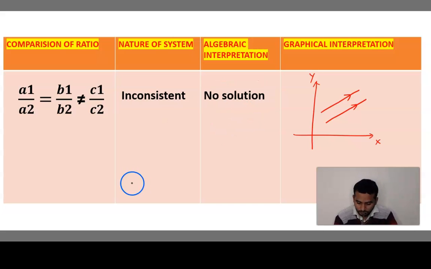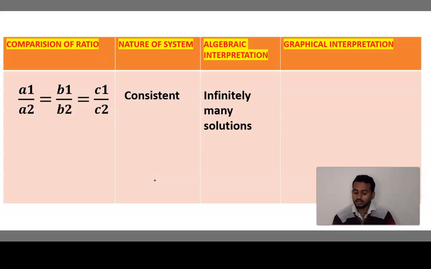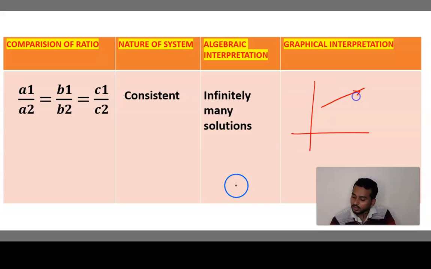Done. Next point. Suppose when we solve equation 1, we got a line like this. Suppose we have solved one more equation, and we have got a line on the same line, as you can see. This type of lines are called coincident lines.